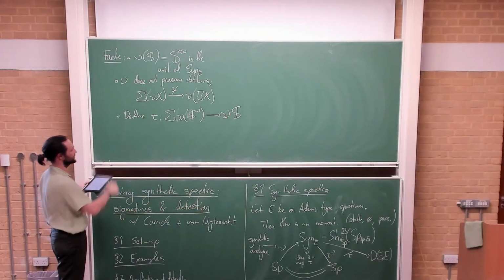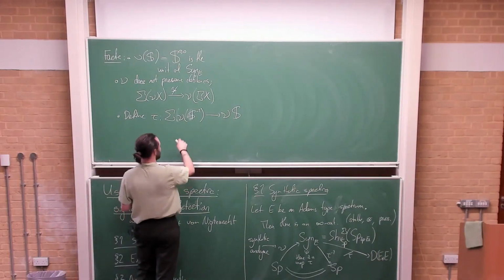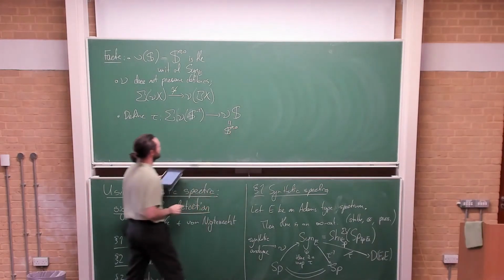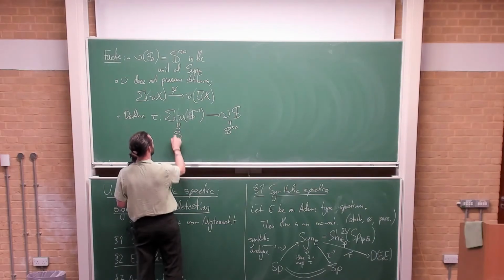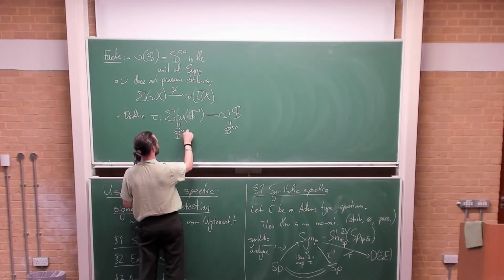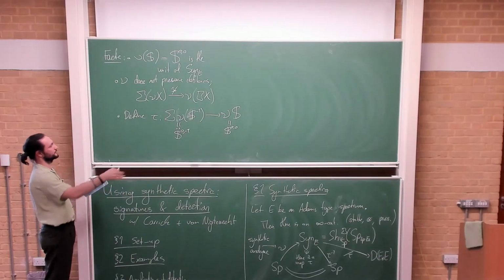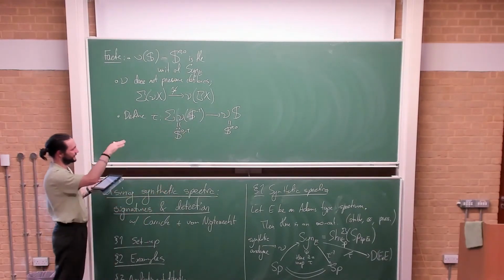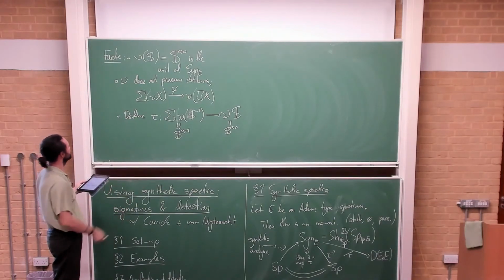So there's just a suspension on the inside, which I've been playing with. And this guy, like I said, is just this synthetic unit here. And this guy, I'm going to define with this sort of bigrading. So I'm going to define it to have bigrading (0, -1). So you want to think about this tau as always reducing the bigrading in the right-hand variable by 1.